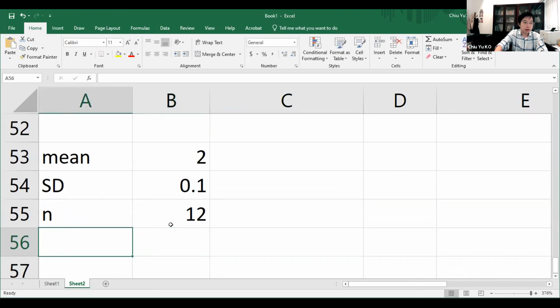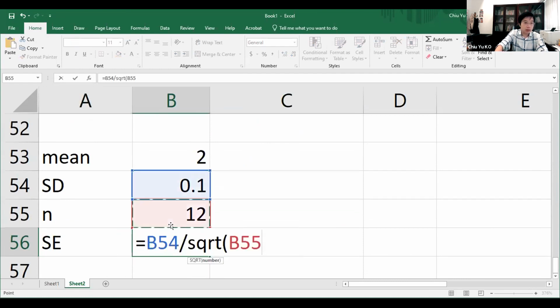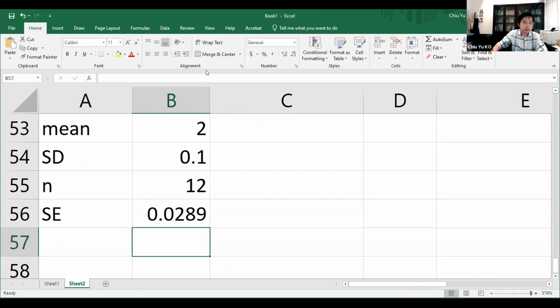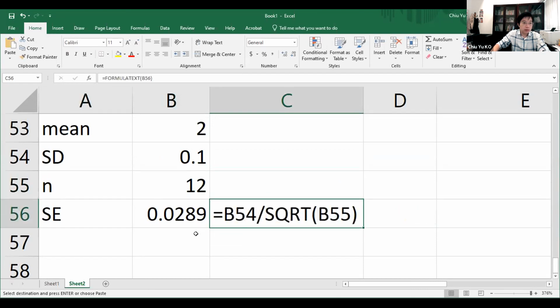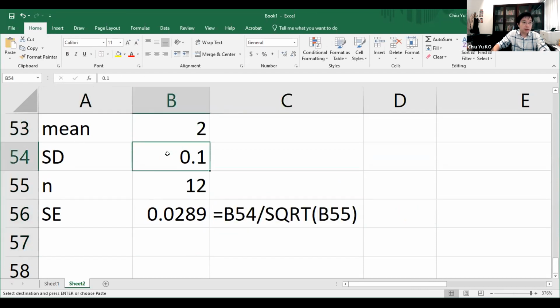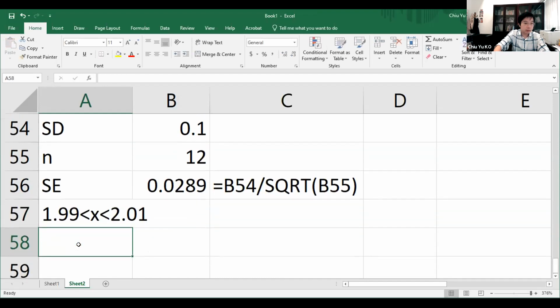The standard error will be the SD over square root of N. So let me copy the answer. And what we want is between 1.99 and 2.01.